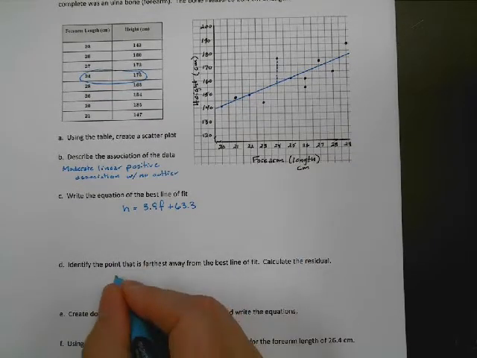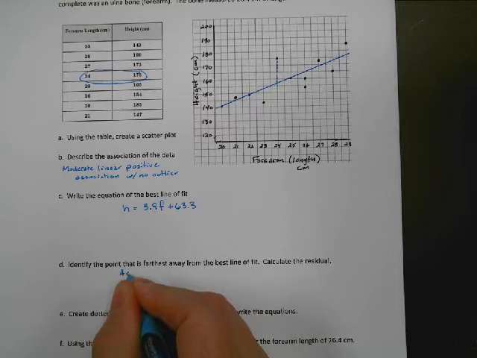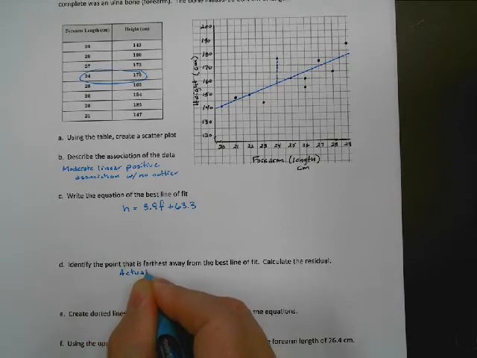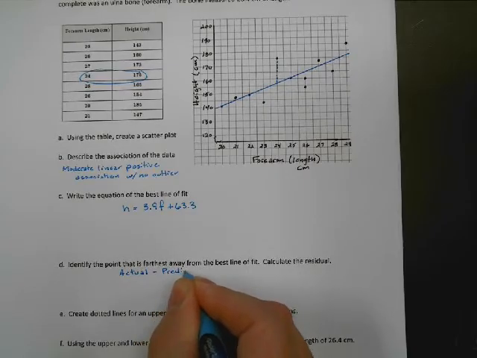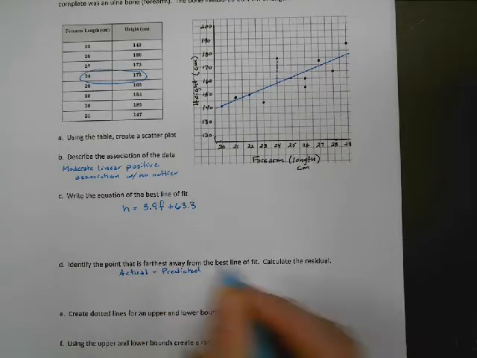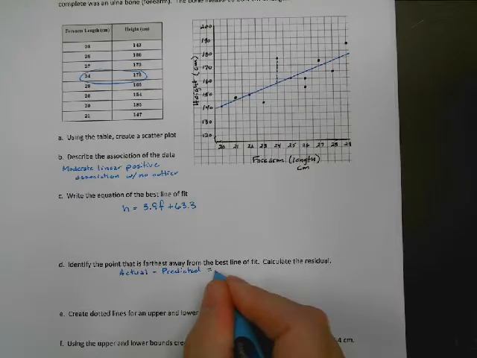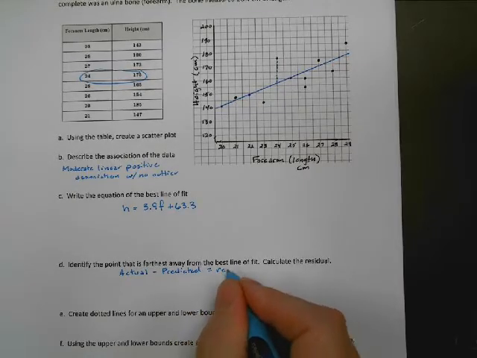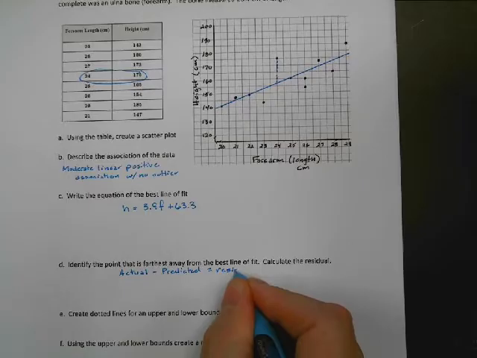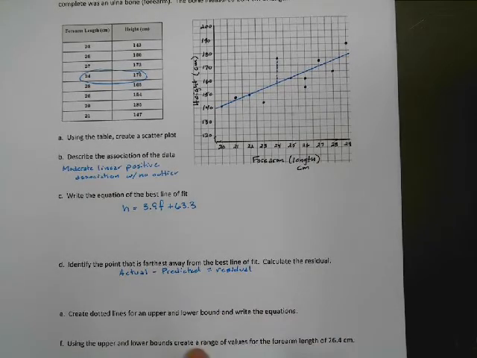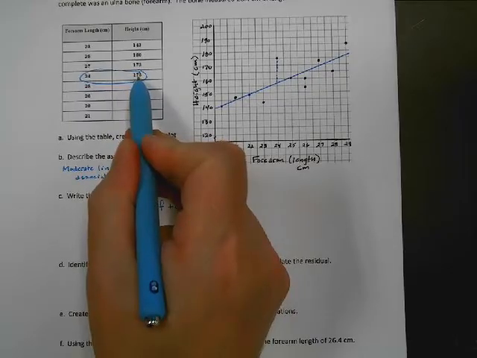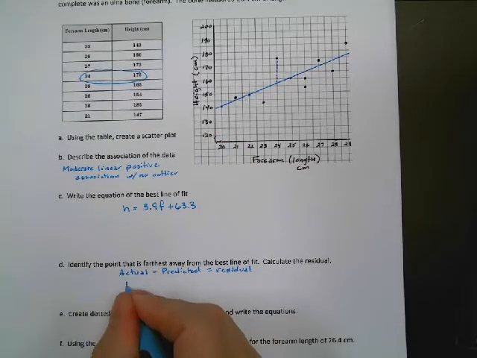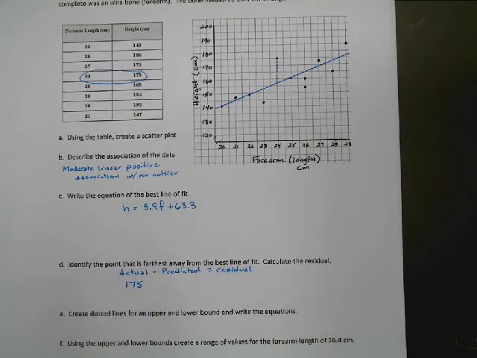So remember, the residual is the actual minus the predicted, and that equals the residual. So our actual for that point was 175. Our predicted, we're going to have to calculate that.